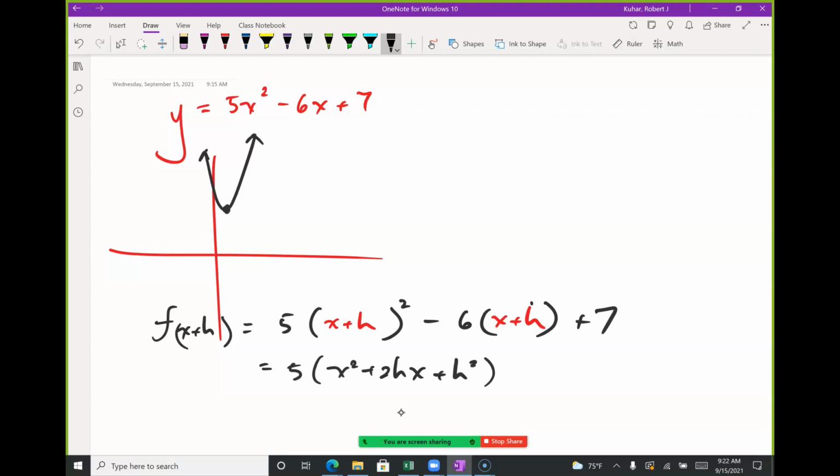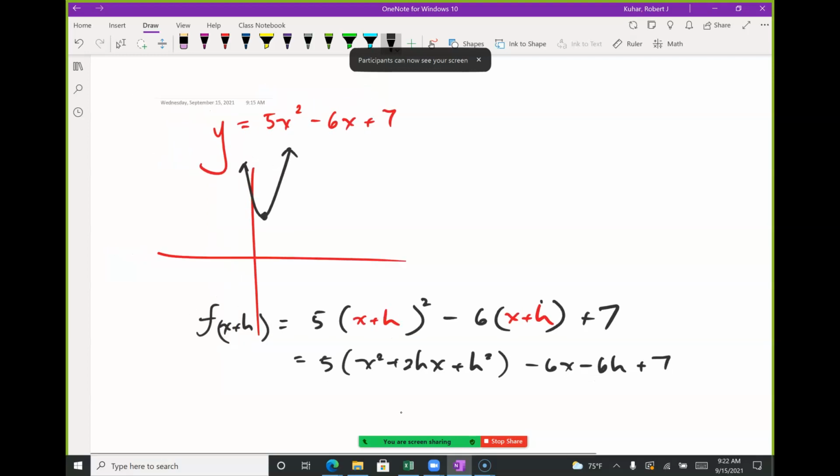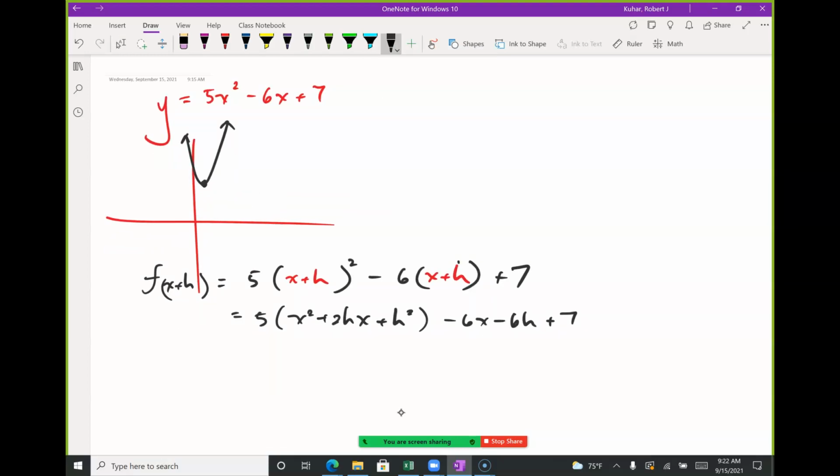I might be going fast here, but I'm expecting you to be doing your own work. If you do want me to slow down, let me know. When I have a polynomial, this is my process.